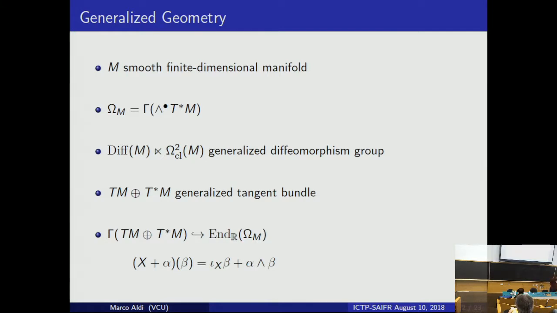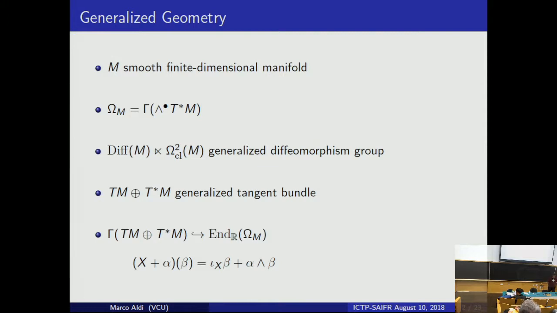And so to accommodate that, the right thing to do is to look at the generalized tangent bundle, the direct sum of the tangent and cotangent bundle.